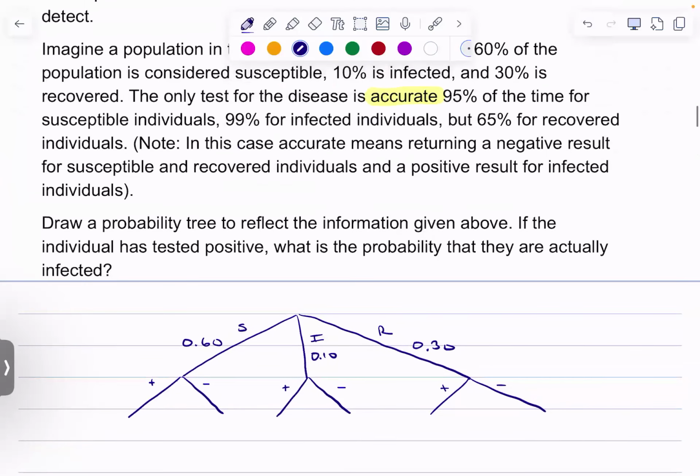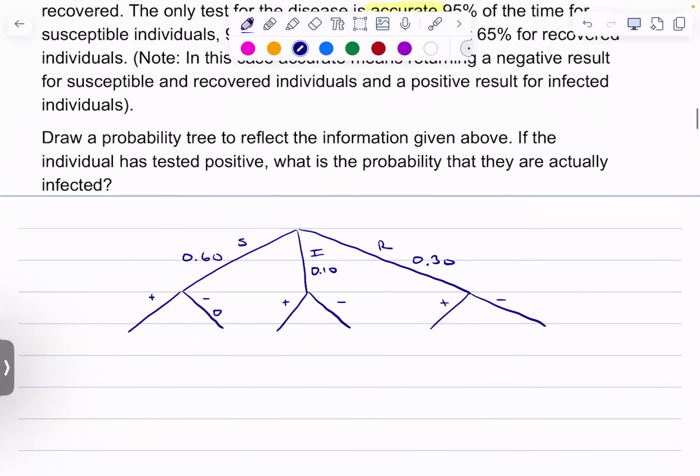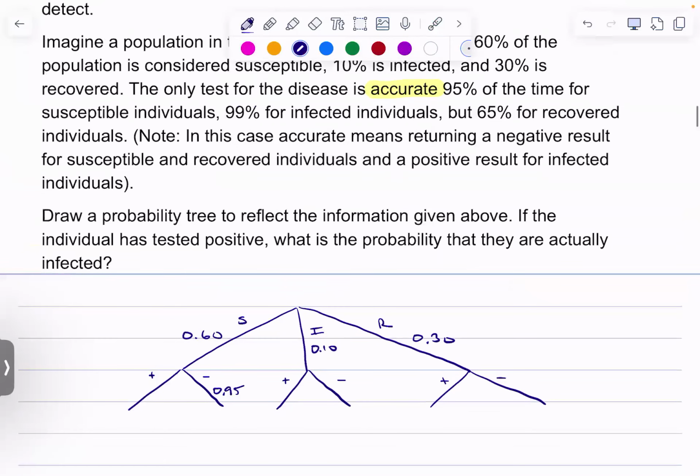The probabilities, right? If it's accurate, we said for the susceptible group, accurate means a negative result, right? And so then the probability of testing negative is 0.95. Whereas for the next one, 99% of infected individuals. And so now if you're infected, an accurate result is a positive result, right?